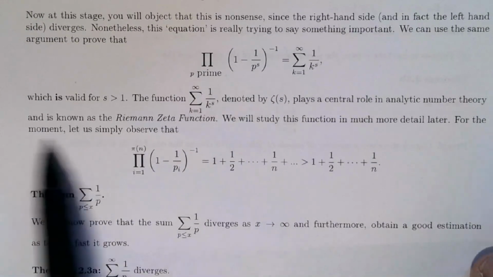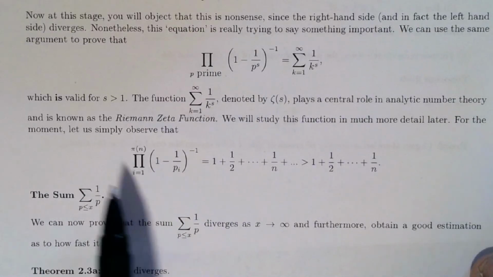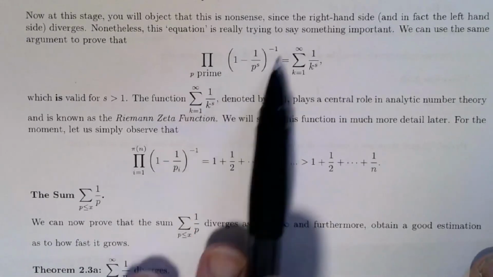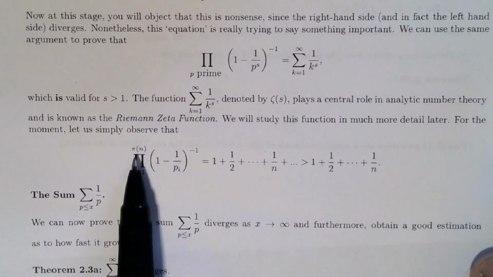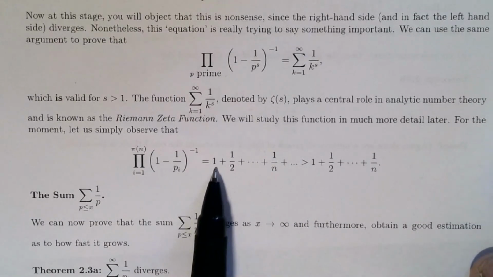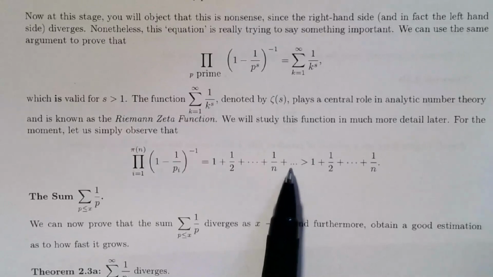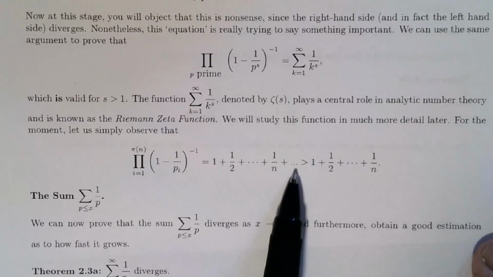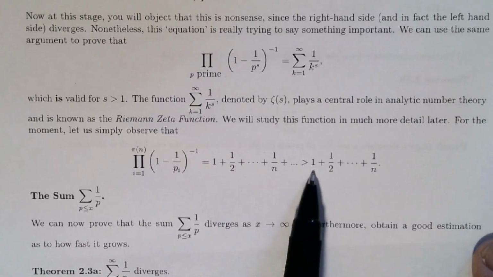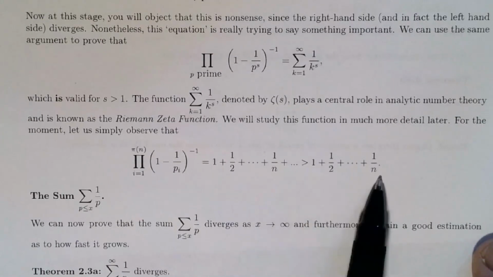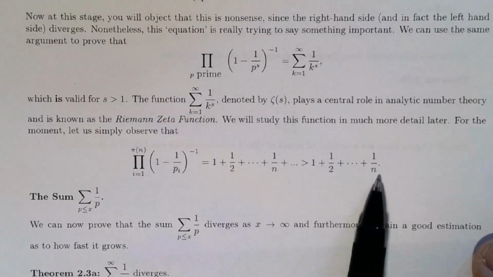For the moment, I'm just going to observe that if you chop off this product here up to pi of n, then you'll get the sum of the reciprocals up to some particular point. I haven't said where you'll go up to, but you'll get it up to some particular point, and that's simply, of course, bigger than 1 plus a half up to 1 on n.